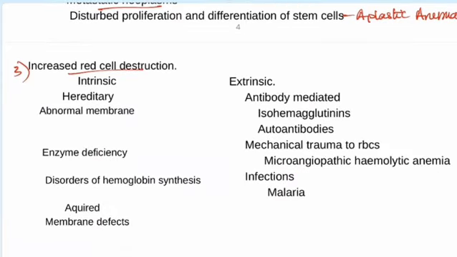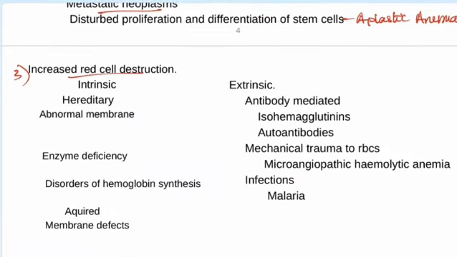And increased red cell destruction. One is intracorpuscular type of red cell destruction and the other is extracorpuscular type of red cell destruction, that is extrinsic. Intracorpuscular red cell destruction, that is intrinsic, is of two types, hereditary and acquired.